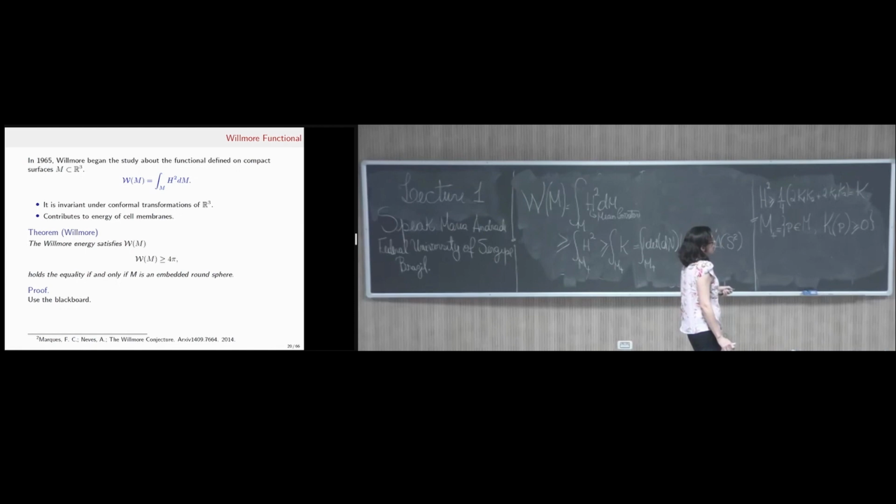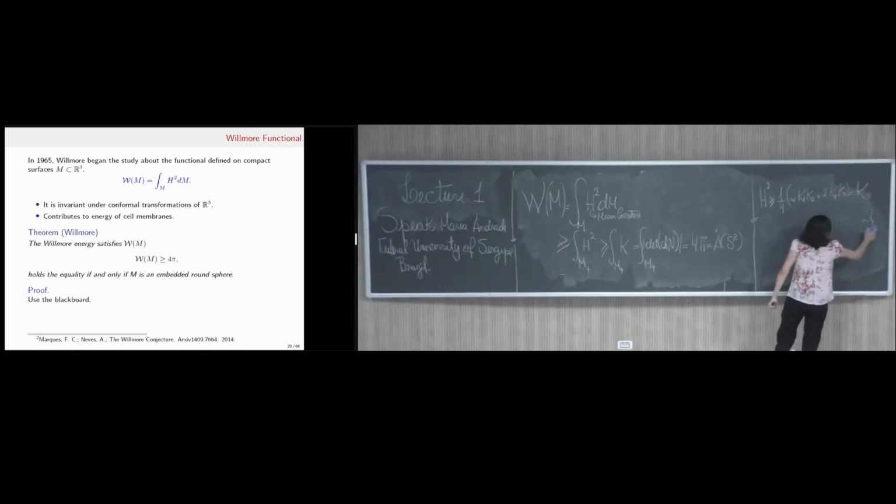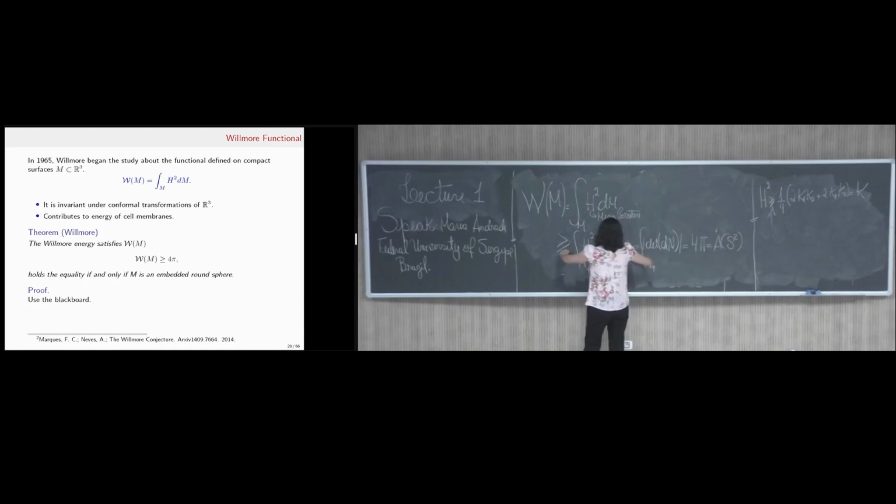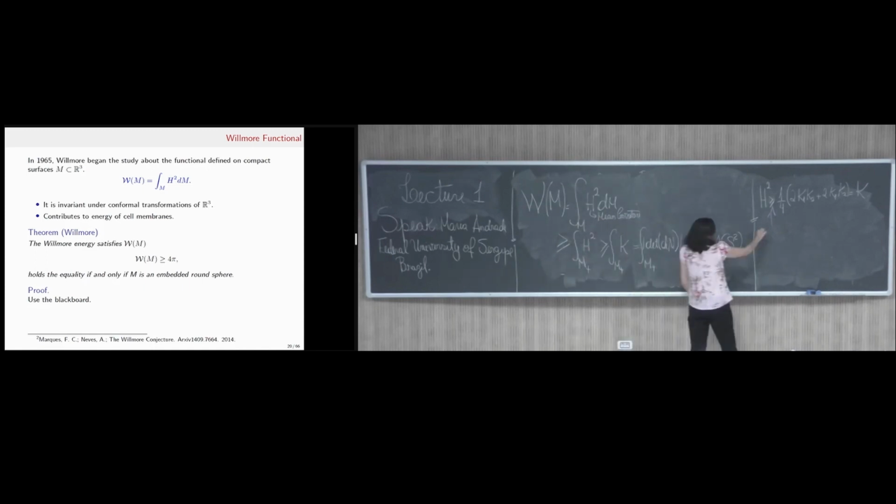But what's happening in the equality, okay? I will remember that when I use this, I use an inequality and say that equality occurs if and only if the numbers are equal. So in this case, if the equality occurs, that means that kappa 1 is equal to kappa 2.